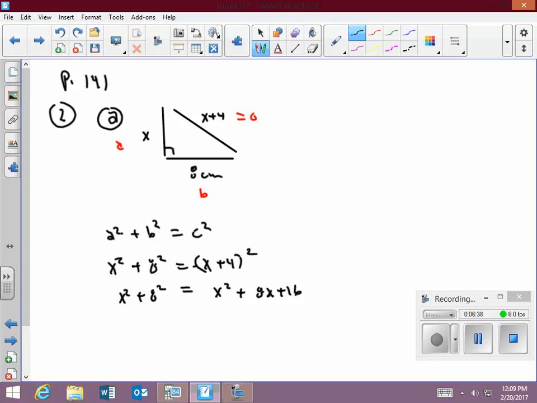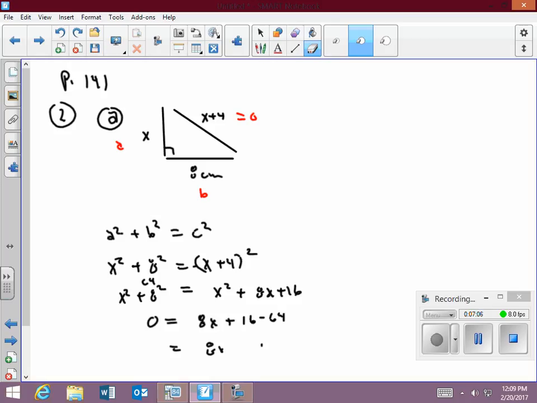So the x squares are going to go out, and if we move everything over to the right, we'd have 8x plus 16 minus 64, and by the way, 8 squared is 64. And that equals minus 48, doesn't it?